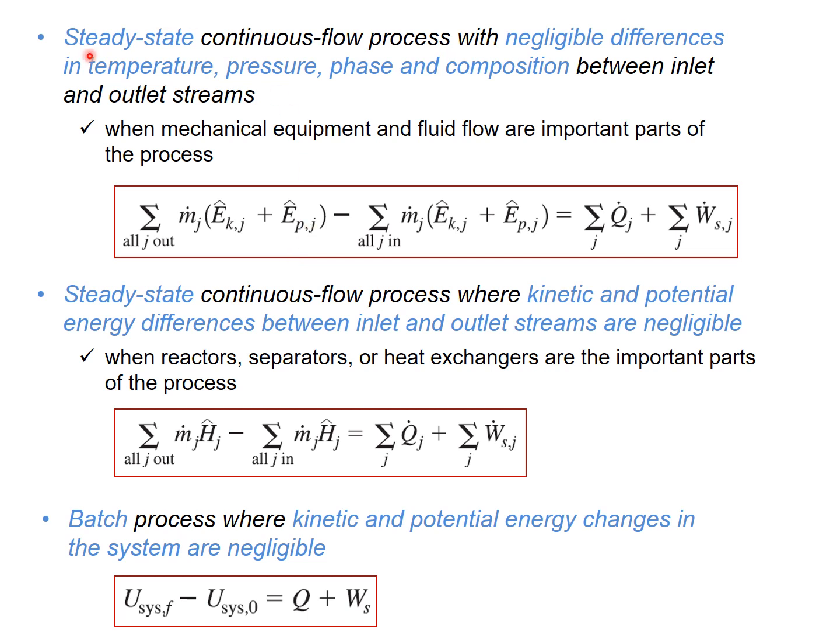Therefore, for steady-state continuous flow processes, no accumulation, so zero is equal to in minus out plus Q plus W. Then finally, out minus in is equal to Q plus W. Inside the input and output terms, you cannot find enthalpy because the enthalpy difference is negligible due to the similar temperature, pressure, phase, and composition.